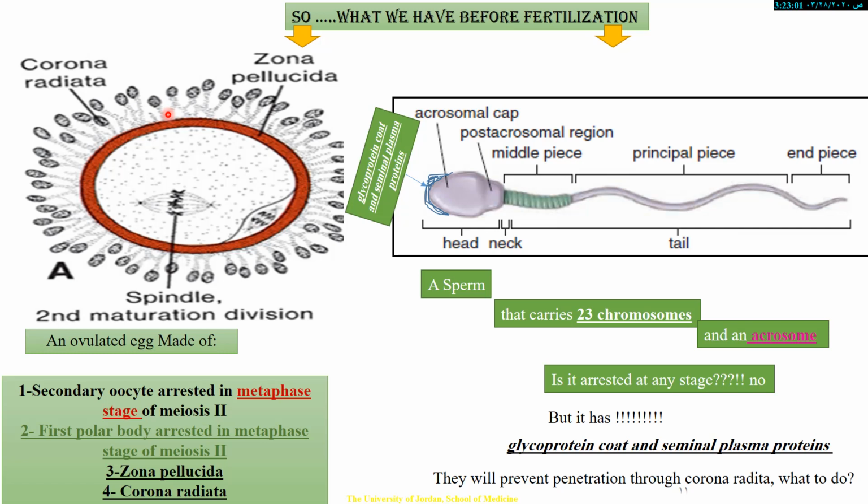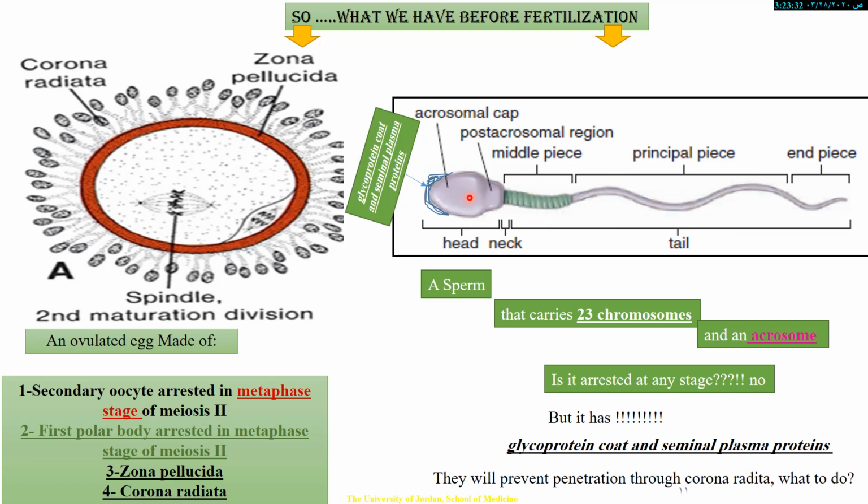Let's leave this and go back to the sperm. How about the sperm? Now the sperm that has been ejaculated should be ready. It has passed from spermatogonium in the basal compartment of the seminiferous tubule, as we mentioned. Then it becomes primary spermatocyte, 2N double structured chromosomes.